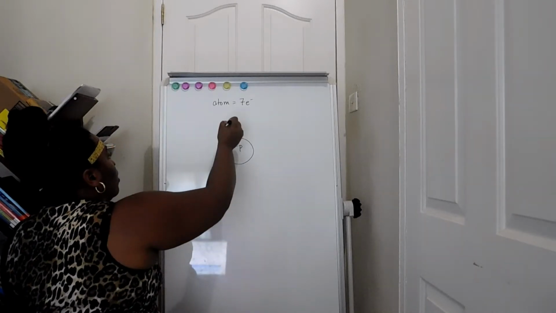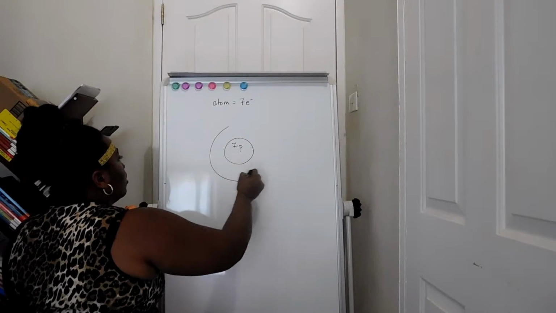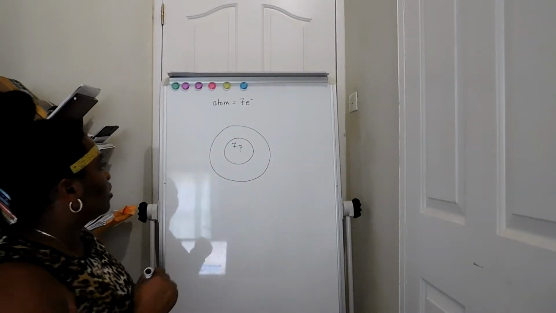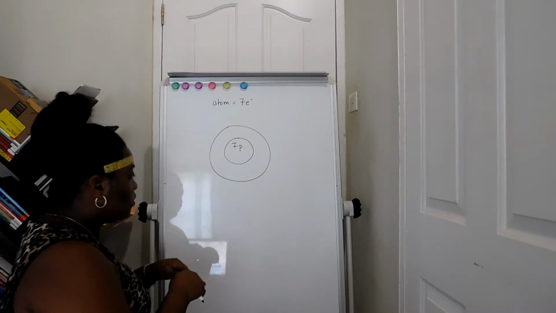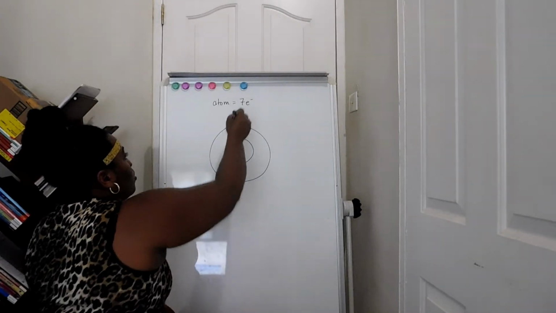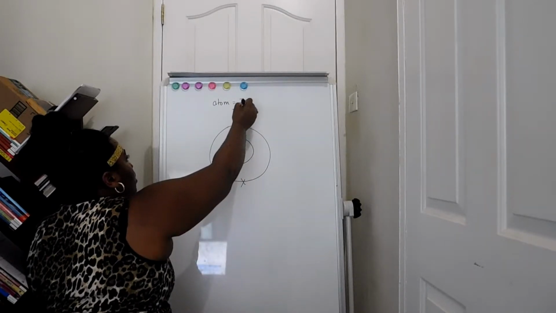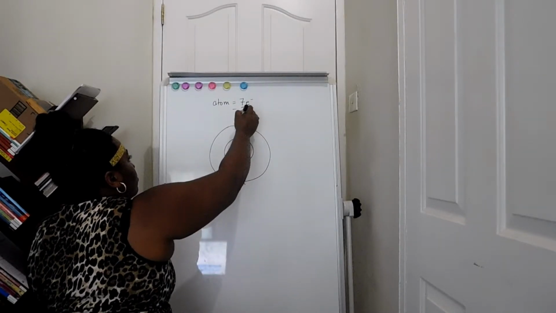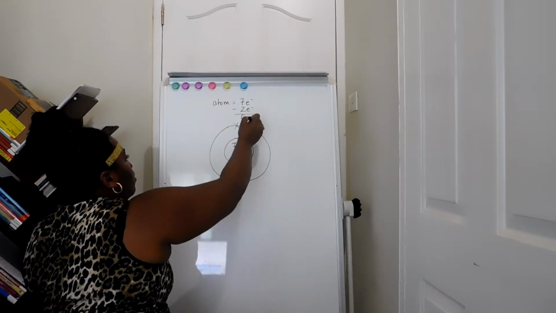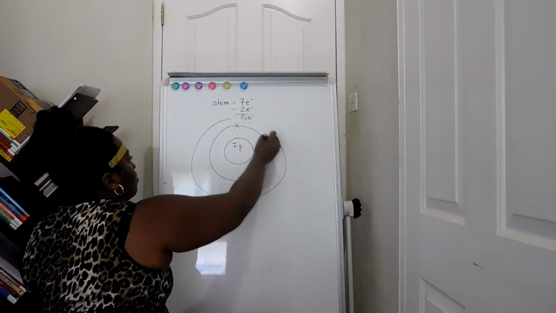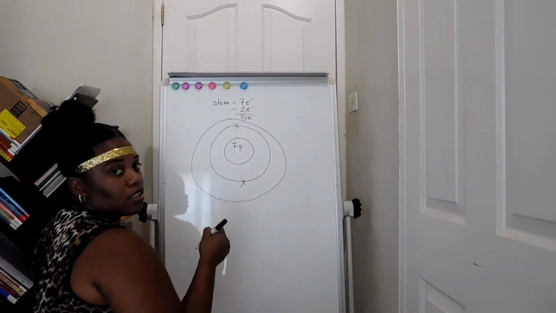So, in the first shell, it has 7 electrons, so therefore it would have 7 protons. We know the first shell holds 2, so we put minus 2 right here, and that leaves 5 electrons. So therefore we know the second shell holds a maximum of 8, correct?